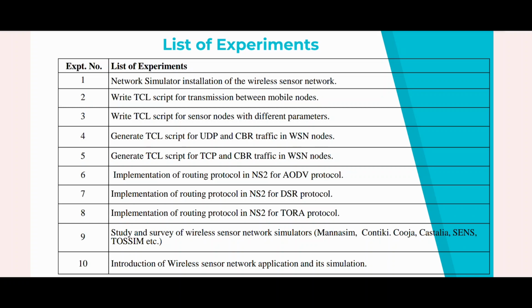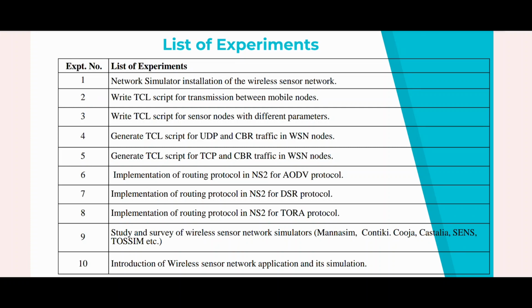So here again we are going to deal with the DSR protocol, but we are going to design that particular network with the help of the NS2 simulator. And eighth one, we are going to design a network for the TORA protocol, but again we are going to implement it with the NS2 simulator.